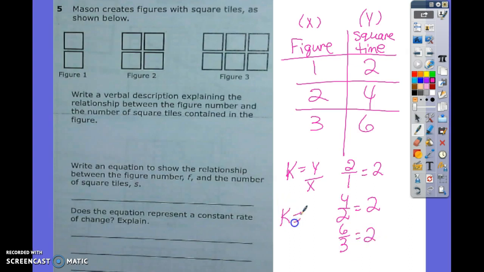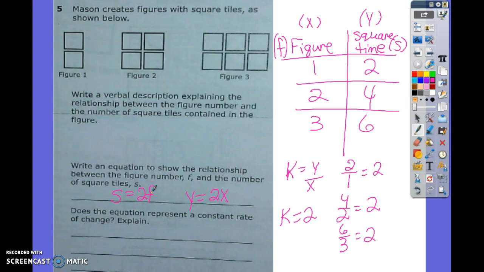So k is 2. So our equation is going to be y equals 2x. And if we want to use the letters here, we can say figures could be f and square tiles could be s. And so our equation could also look like s equals 2f. So those are the same equations. It's just a matter of whether or not you're going to use x and y for your different variables, or if you're going to label them according to the problem.